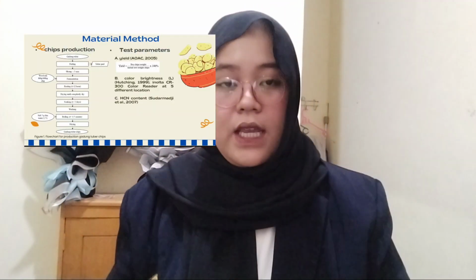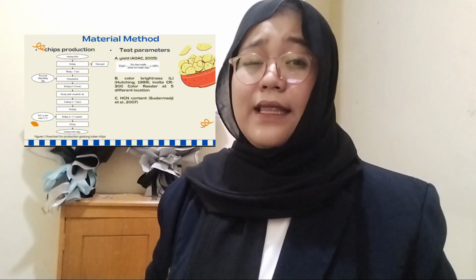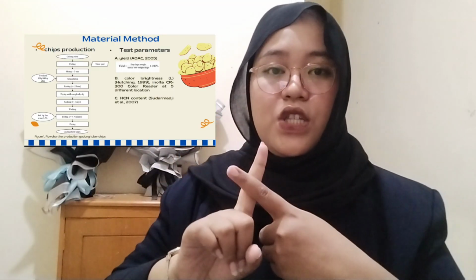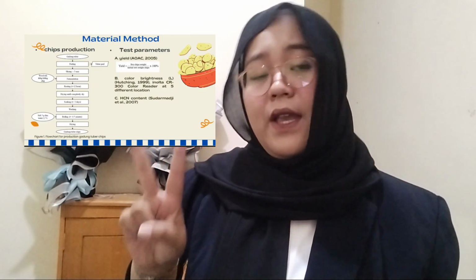Moving on swiftly, let's take a look at the application of the research methods conducted, which are the production of gadung chips and the testing of the physical and chemical characteristics of gadung chips.